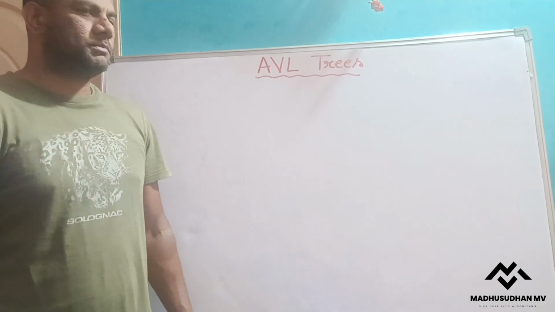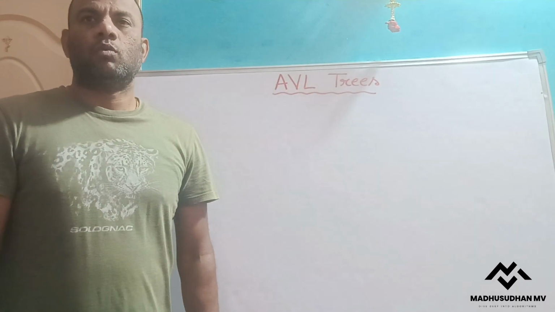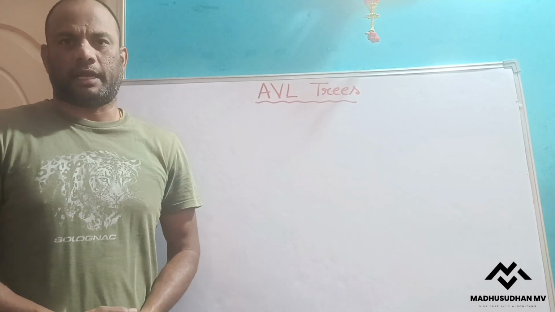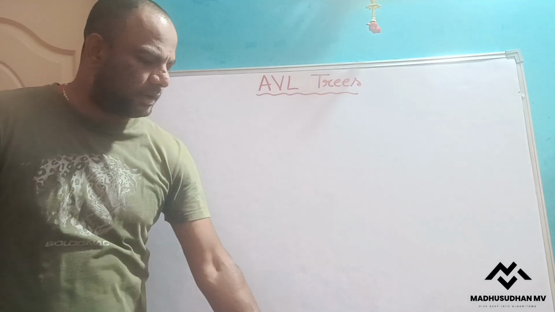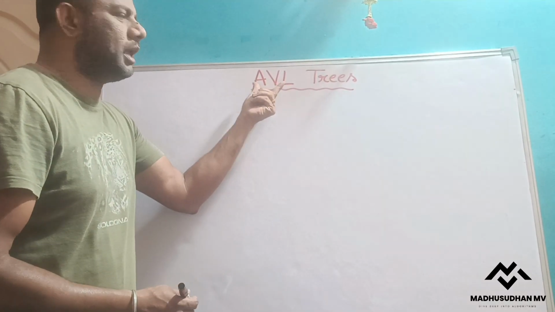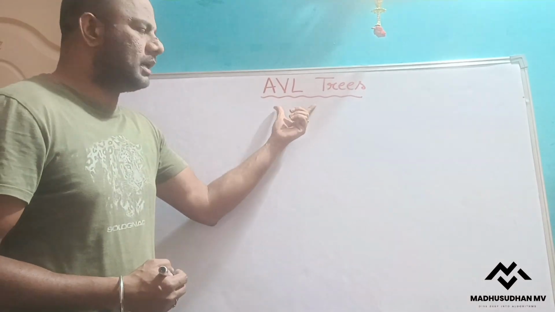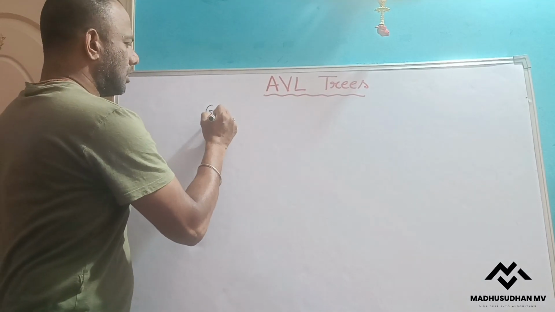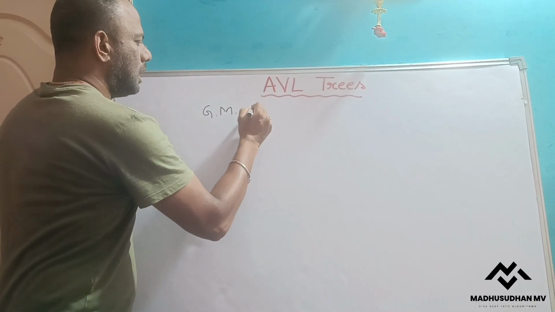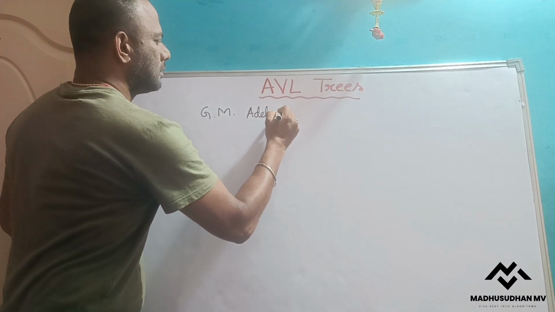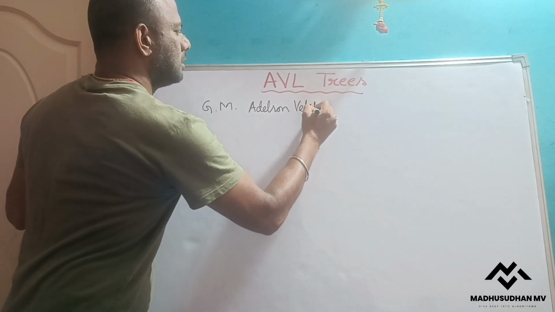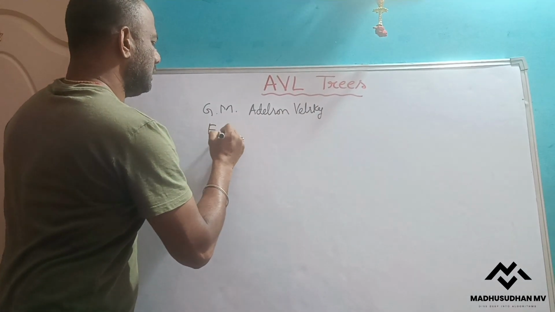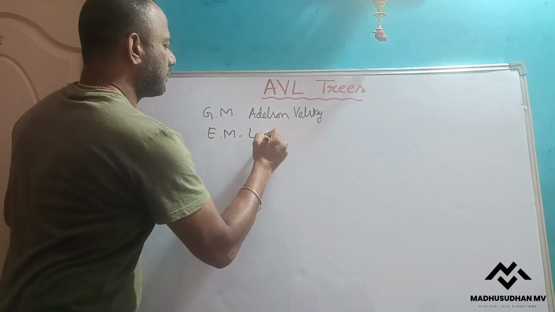In this video, I am going to explain about AVL Trees, one of the efficient searching techniques. Why is the name AVL? These AVL Trees were invented by two Russian scientists, G.M. Adelson-Velsky and E.M. Landis.